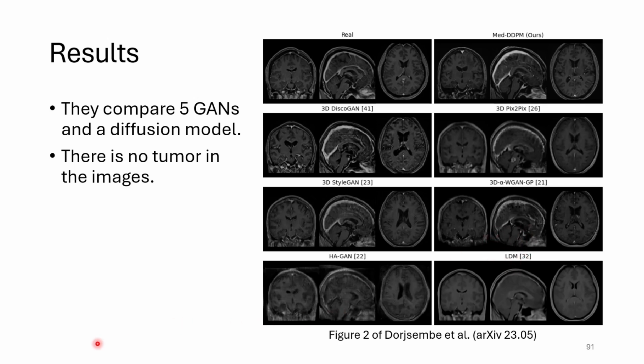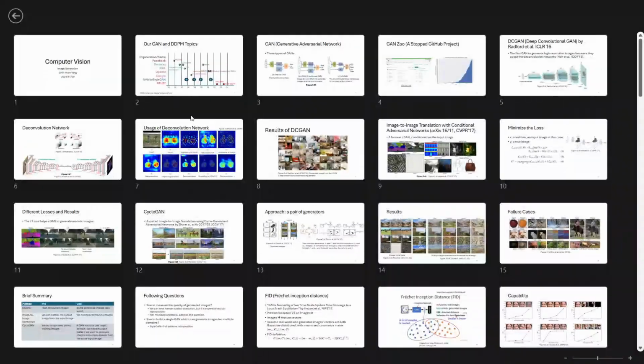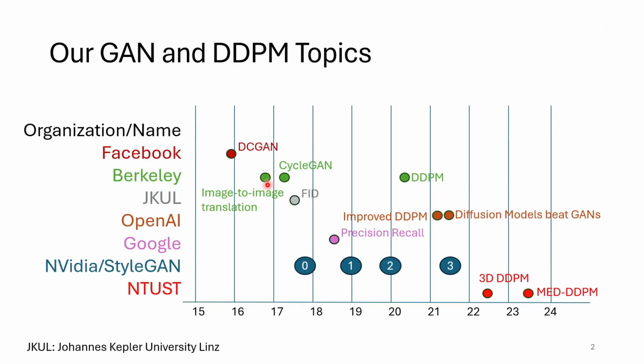Let's go back here. Just remember, this is pixel to pixel, and this is StyleGAN. Take a look at our chart today. The image-to-image translation is the pixel-to-pixel method. And StyleGAN is this. There are 1, 2, 3 different versions of StyleGAN.